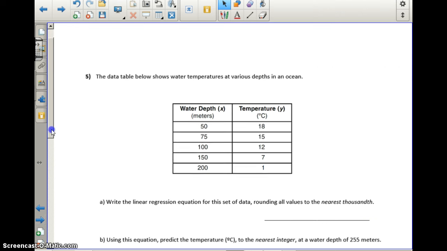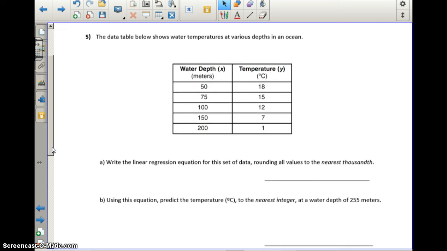Number 5, again, clear your lists. Take your time, enter your data as accurately as you can, and this time when you hit stat and calculate, you're going to cursor down to the linear regression because that's what they're asking us for. And we get y is equal to negative 0.112x plus 23.448.